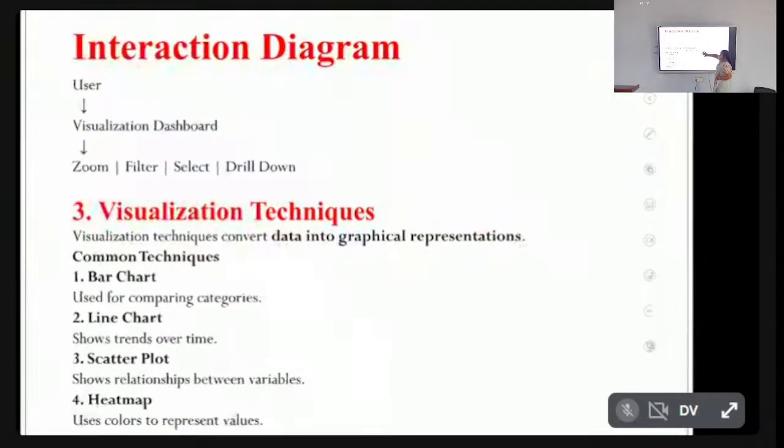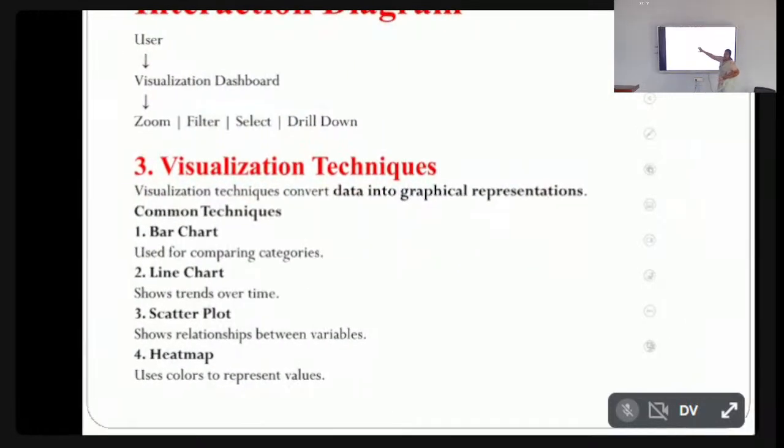Now, see here. What are the different visualization techniques? Write down visualization techniques. This was already done in your second unit. What are the techniques to convert data into different graphical representations?